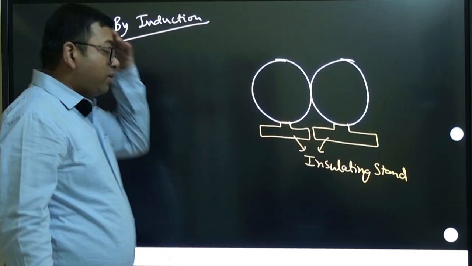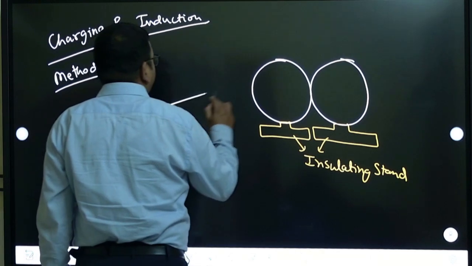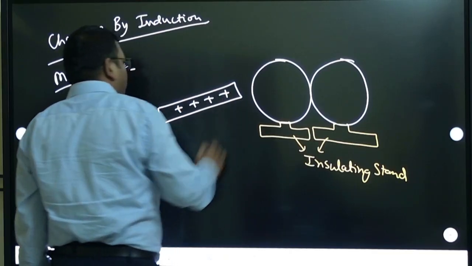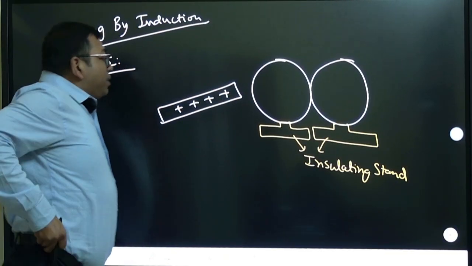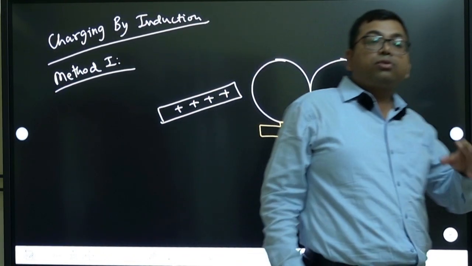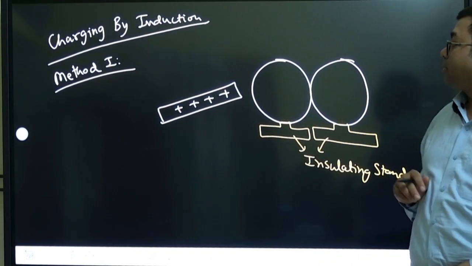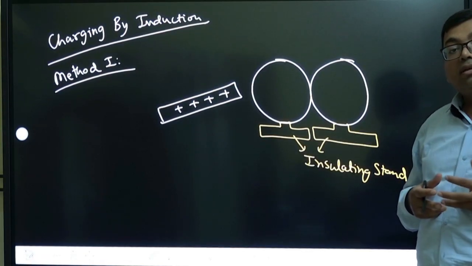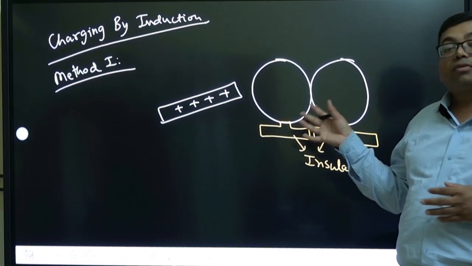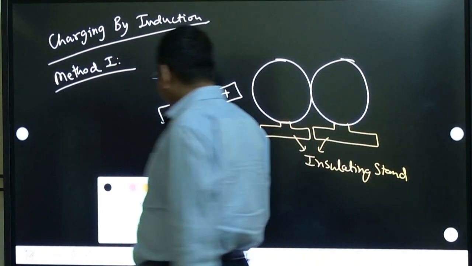Now what happens is that you bring a charged rod. Let us say I am bringing a positively charged rod, and we are not touching it, we are just bringing it into very close proximity. Note that these two are conductors. Conductors have a lot of free electrons, so free electrons from the surface of the conductor will get attracted toward the positive charge.